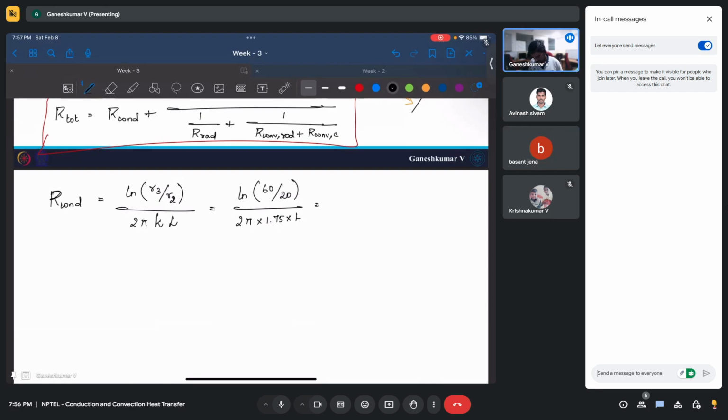So I think it is something around 0.0999, so we can write this as 0.1 Kelvin per watt.